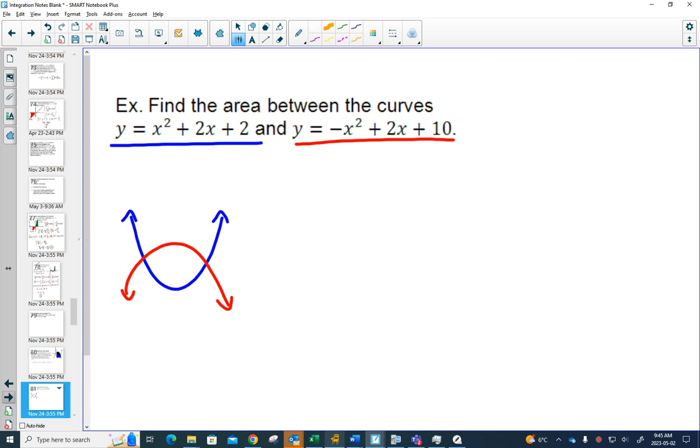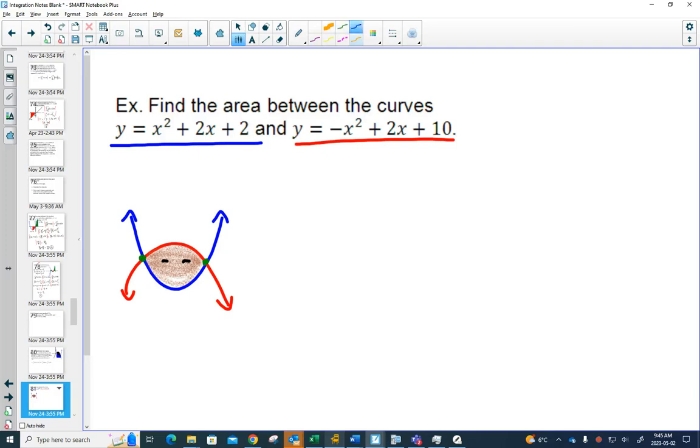And if we're trying to find an area between the two curves, we would need to know what these 2 points are.